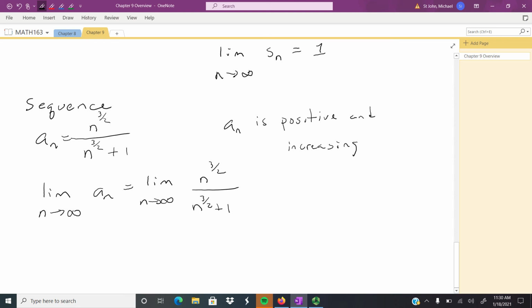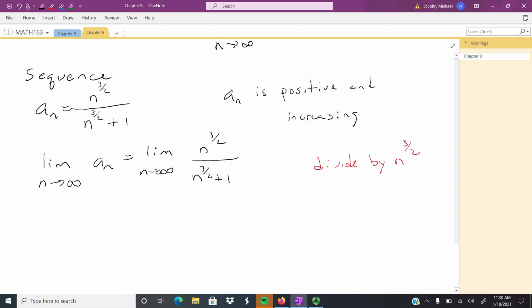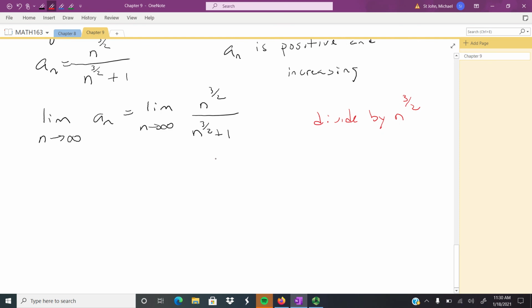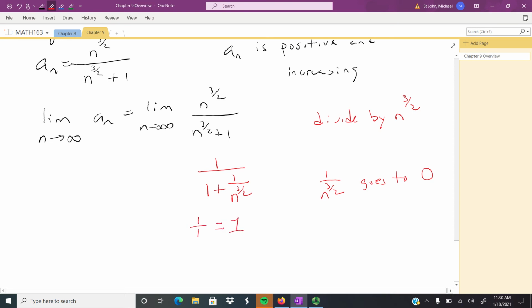And so now if we divide everything by n to the 3/2, this will give us 1 over 1 plus 1 over n to the 3/2, and 1 over n to the 3/2 goes to 0. Okay? And so this is going to be 1 over 1. And so we end up with an answer of 1.